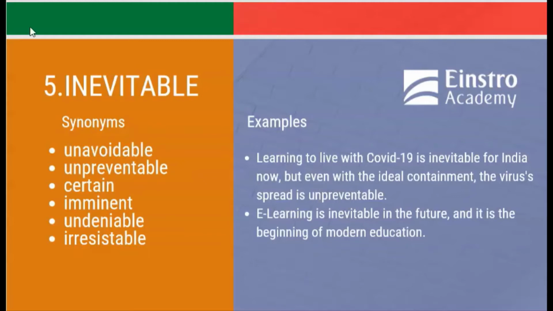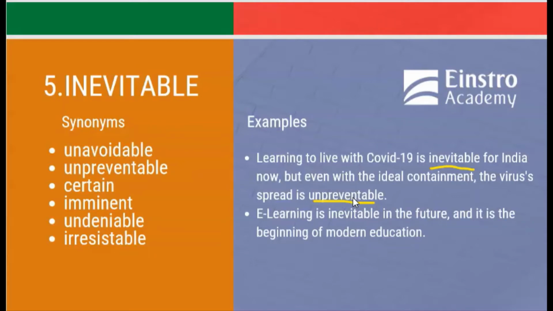Okay, let's see the examples now. Learning to live with COVID-19 is inevitable for India now, but even with ideal containment, the virus spread is unpreventable. See, we are not repeating the word inevitable again and again. Instead, we are using an alternative word, unpreventable.